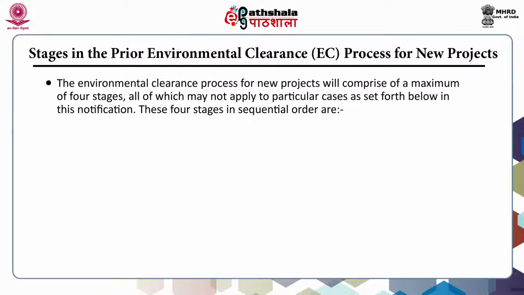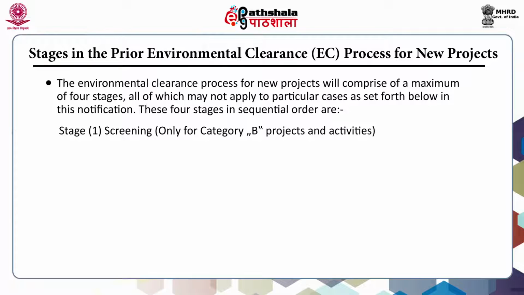The 4 stages in sequential order are: stage 1, which is screening. It is required only for category B projects and activities. Stage 2, scoping. Stage 3, public consultation, and then stage 4, final decision.